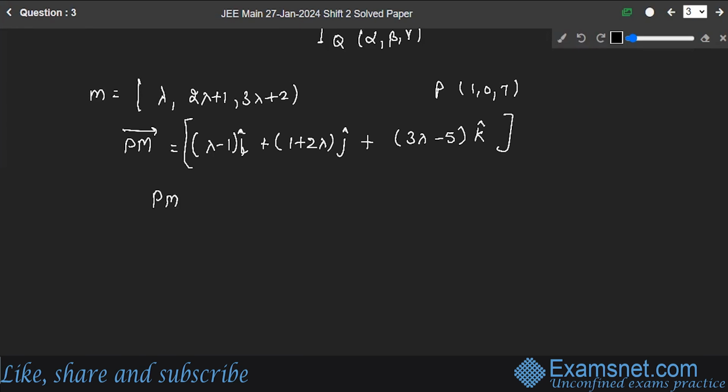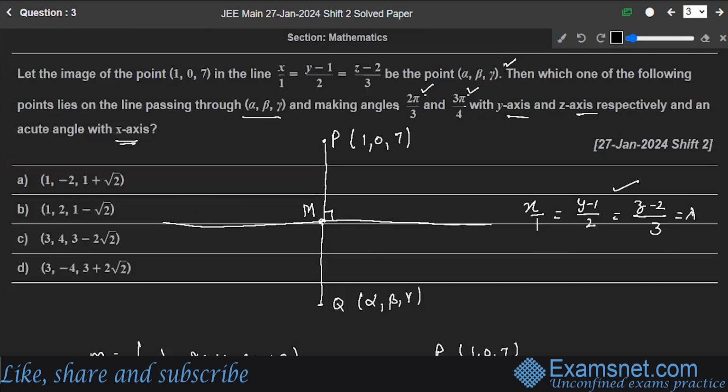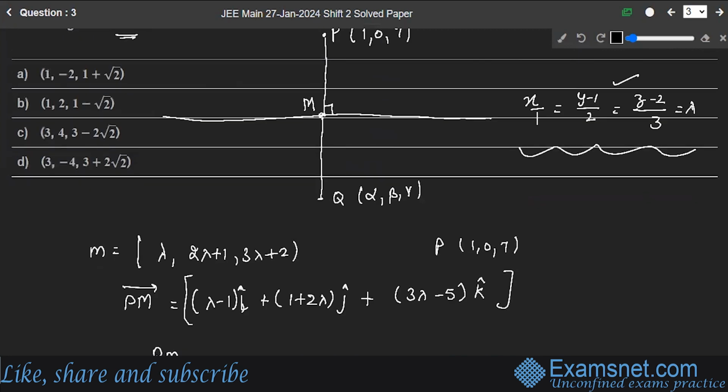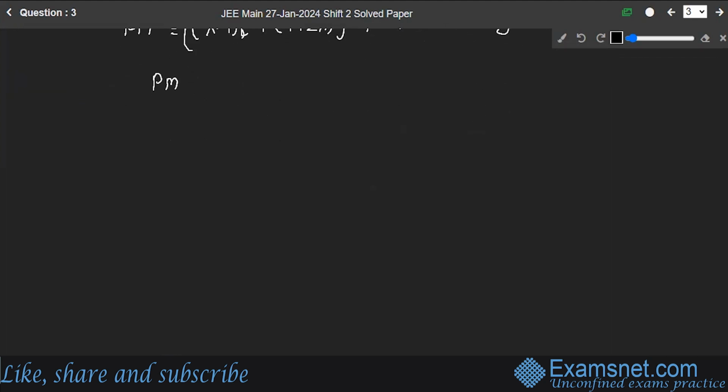Now this PM vector is perpendicular to the given line. So let's say this is the line with direction vector b. According to this, it will be given by the vector i + 2j + 3k. This will be the vector for this line, L1.